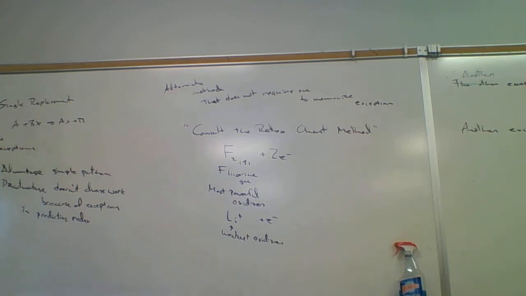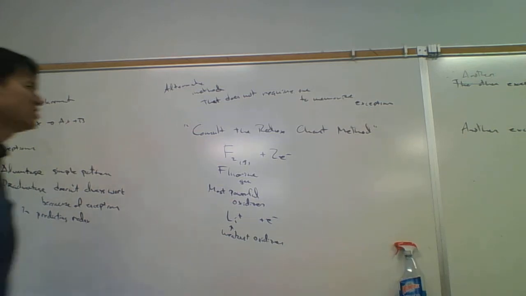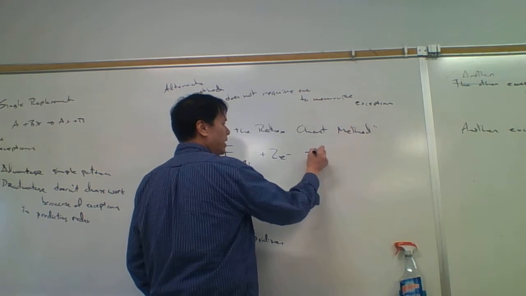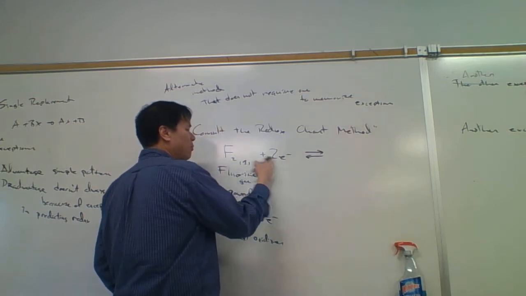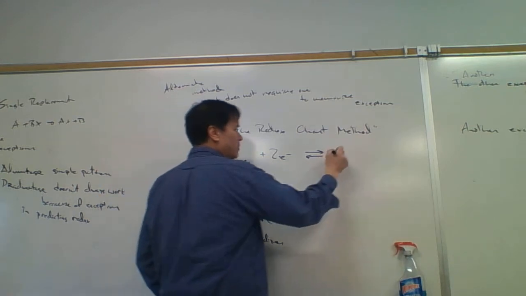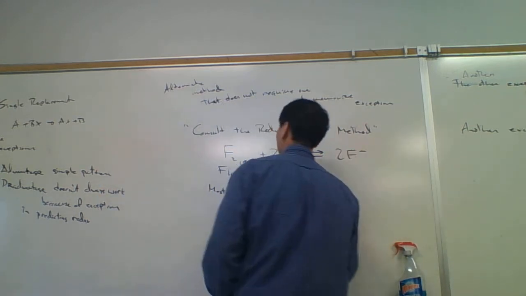Now, this chart is a dual chart because it is both a chart of the oxidizers on the left and a chart of the reducers on the right. Each of these can go both ways. If I go forward, fluorine is gaining 2 electrons to make 2 fluorides.